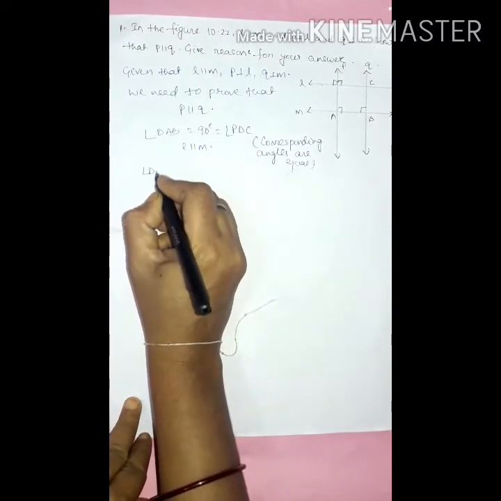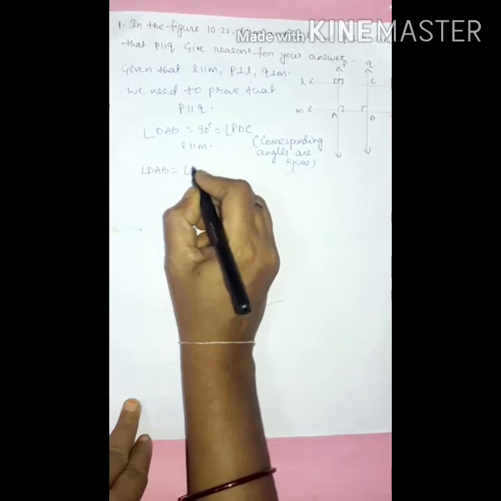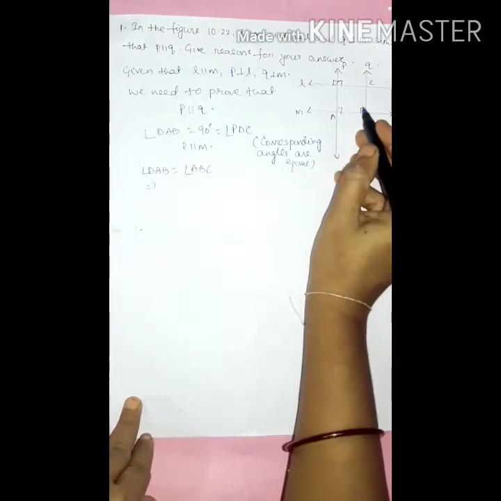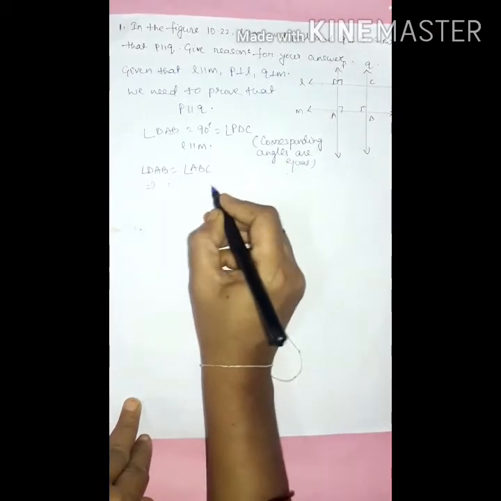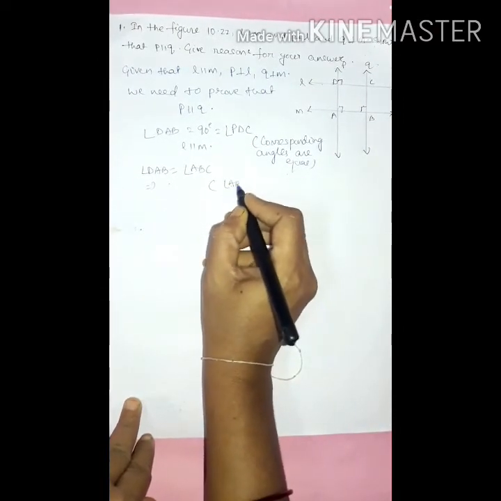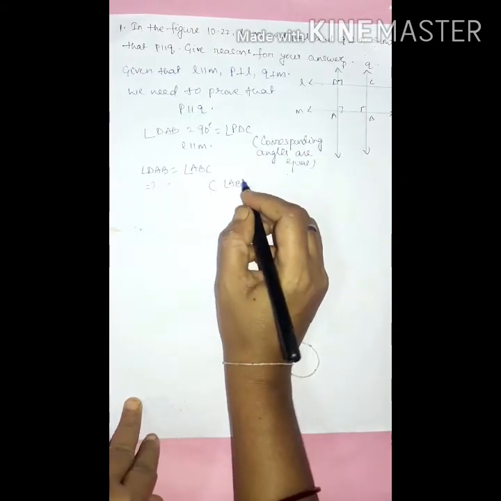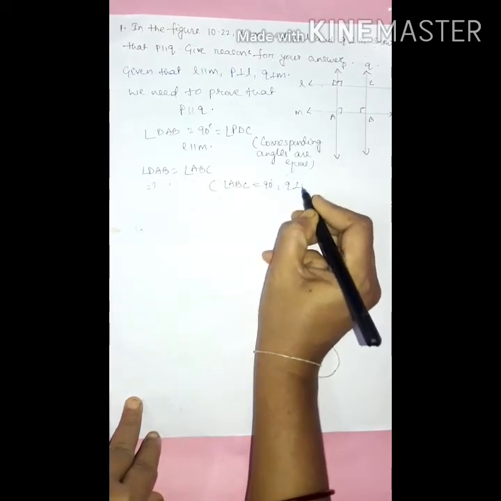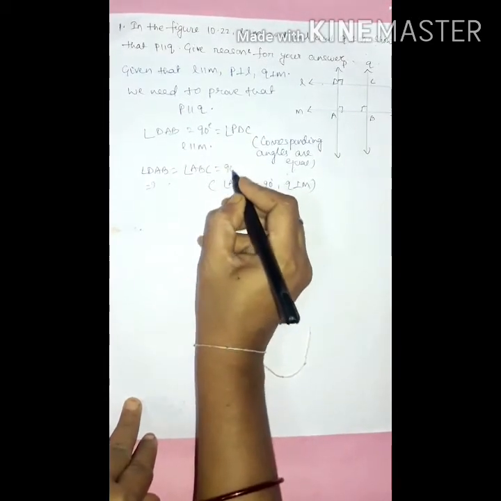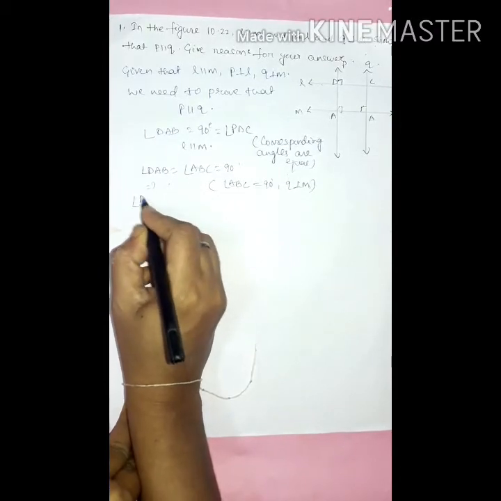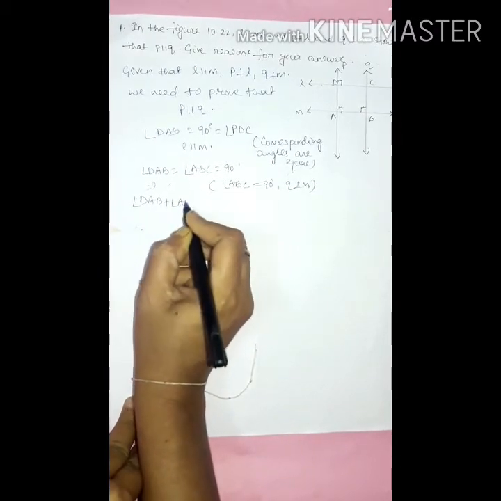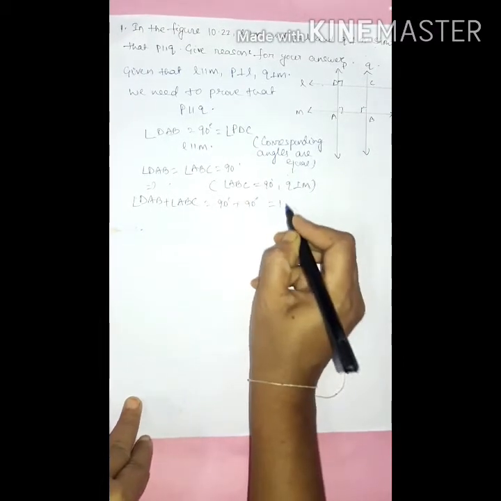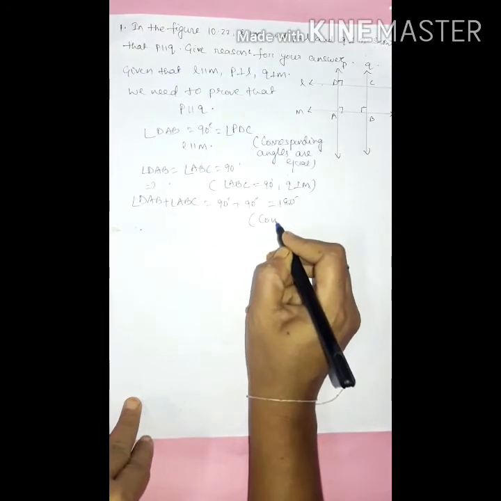And angle DAB is equal to angle ABC. Angle ABC is also given perpendicular because Q is perpendicular to M, so it is also 90 degrees. So the sum of these two angles, angle DAB plus angle ABC, is equal to 90 degrees plus 90 degrees, equal to 180 degrees. These are co-interior angles.